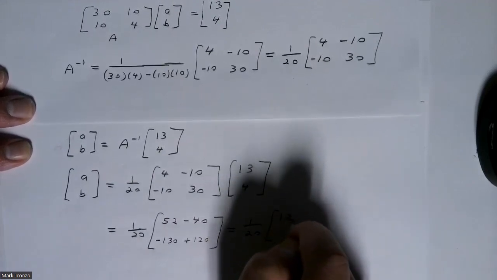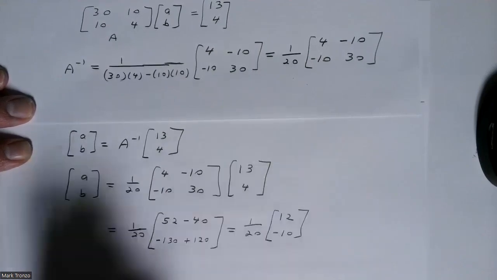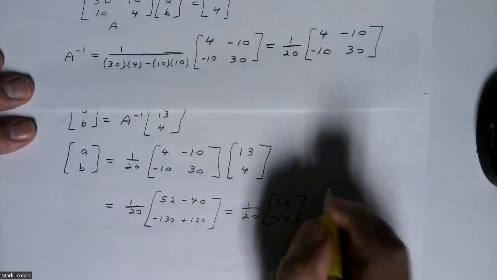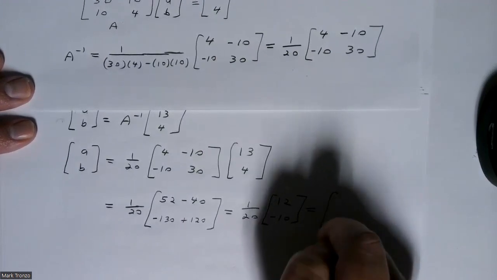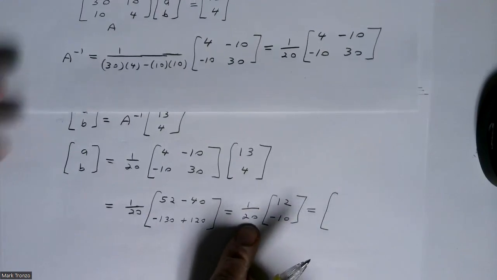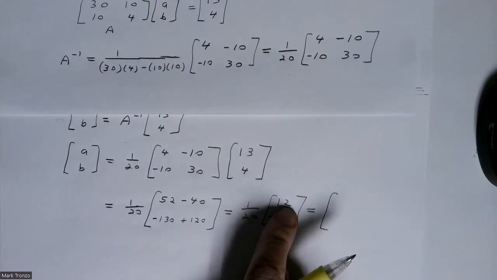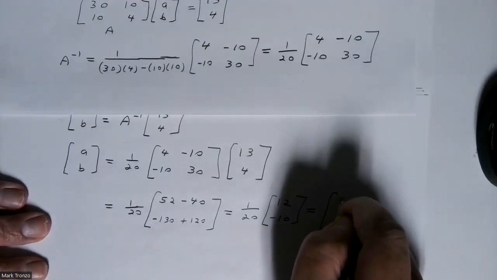And this will be 12 minus 10. Then maybe finally at the end here is where we want to multiply these out. So that'll be 12 over 20. Let's see, that's same as 6 over 10, or 3/5.